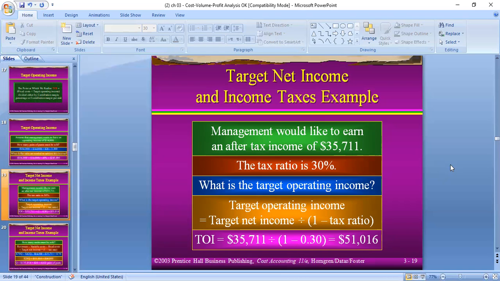Take this after-tax income and convert it to operating income. How? Suppose that net income is 150, after deducting 25% tax. If deducting 25% tax, the remaining is 75%.